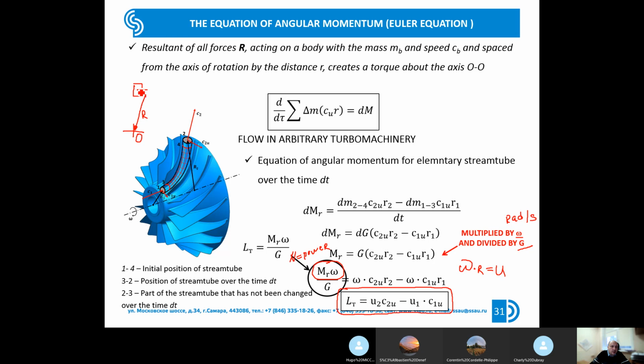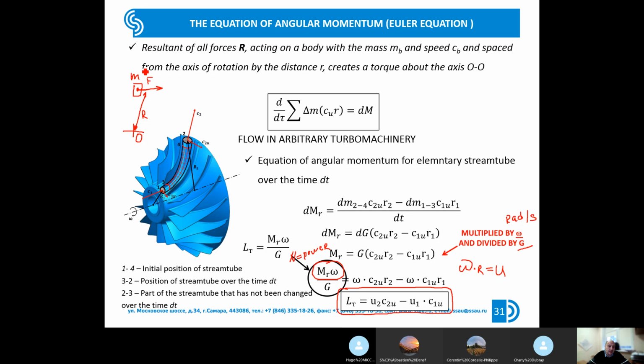To create torque, you need to apply force to your mass. That's why we can say that the main source of the torque will be the force which impacts the blades of the turbomachinery, if we speak about turbomachinery.